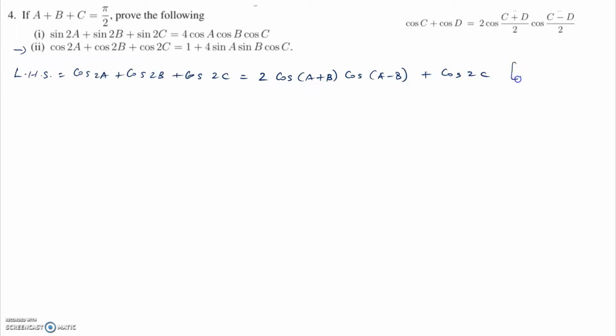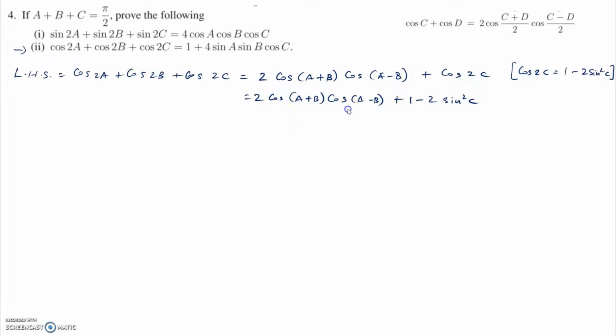Now, we can say cos 2c is equal to 1 minus 2 times sine squared c. Therefore, this expression will become 2 cos(a plus b) into cos(a minus b) plus 1 minus 2 sine squared c.